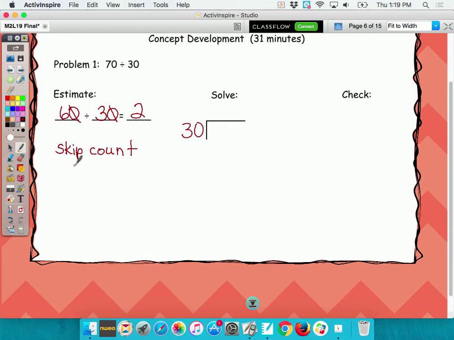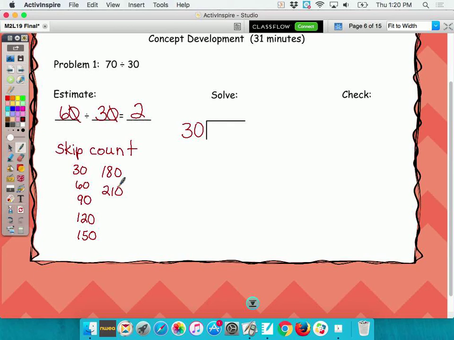So you tell me what to write and I'll write it. 3, 6, 9, 12, 15, 18. Should we just stick with 3, 6, 9, 12, 15, 18, 21, and not worry about saying the zero? Then go back and put the zeros on.